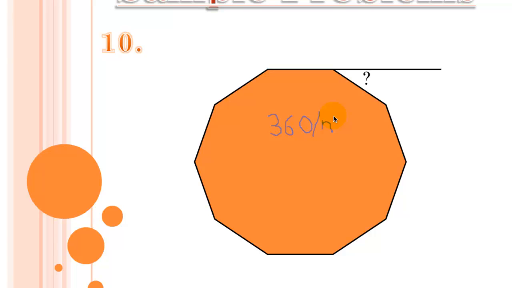So since this is a decagon and it is a 10-sided shape, we substitute n with 10, and the formula would now be 360 divided by 10, and your result would be 36 degrees.